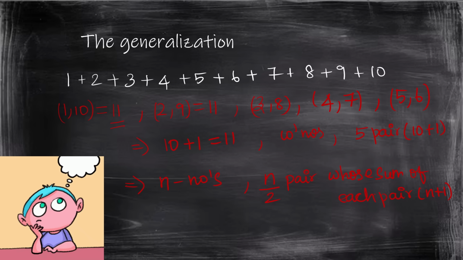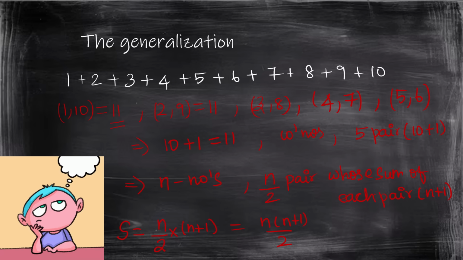So the formula for the first n natural numbers is now generalized as: totally how many pairs are there, n by 2 pairs, and their sum is n plus 1. So the formula is n into n plus 1 by 2.